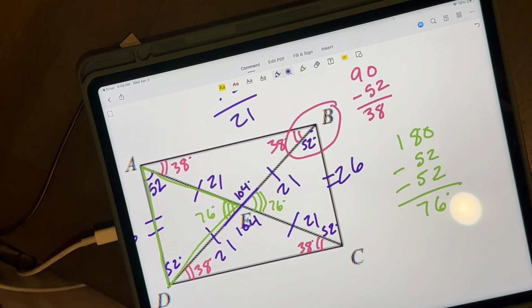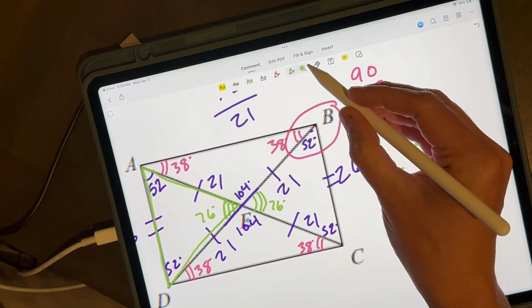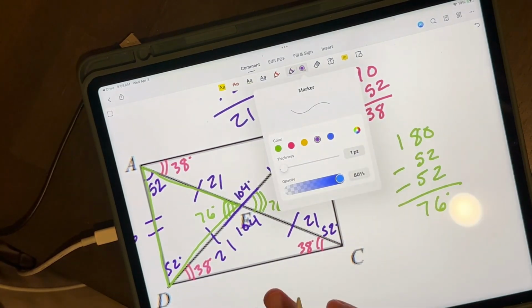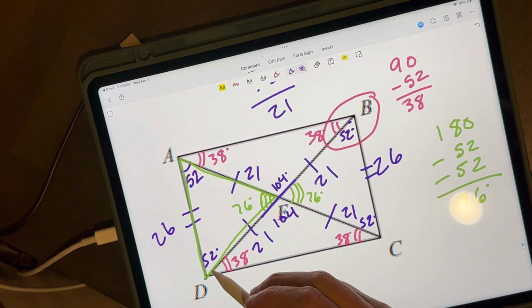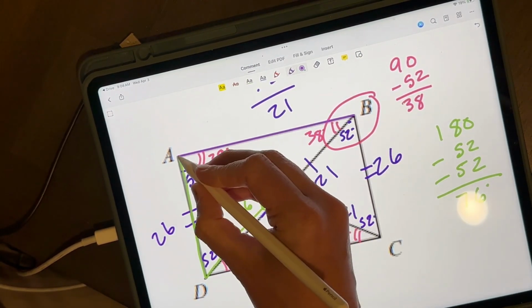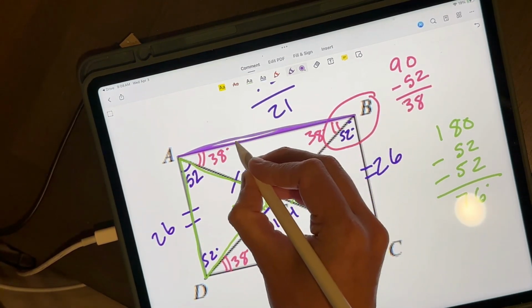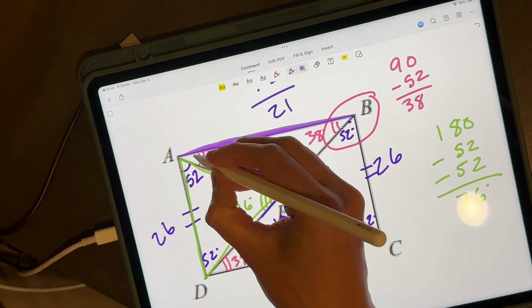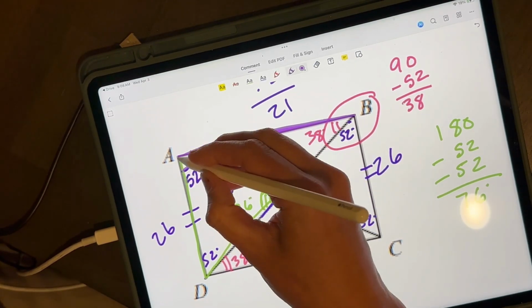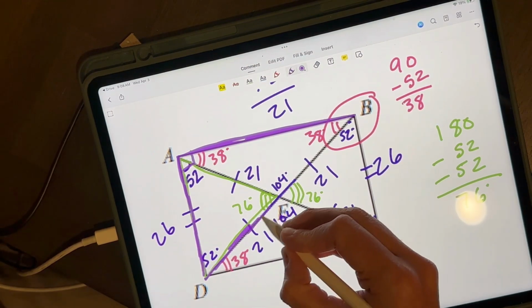All right, we are almost there. We still need to find the last bit of sides. I'm going to pick a different color. There's a lot going on here. I want to do purple. How can we find the measure of AB? If we know that this is a right angle, we have this side, don't we? And do we know the length of the diagonal?